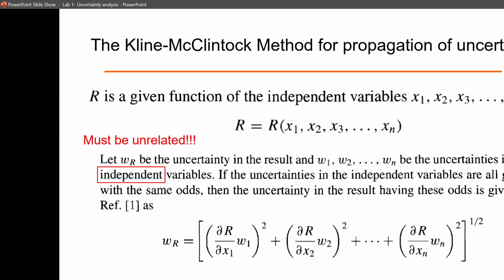The most important one is that the variables you're using for the propagation calculations have to be independent from each other. Meaning, in this specific example, we have length, depth, and height, and they have to be independent from each other, which they are. Length doesn't really depend on height, right? They don't really change with each other. They don't have to. So we can use this methodology. We can use this equation.